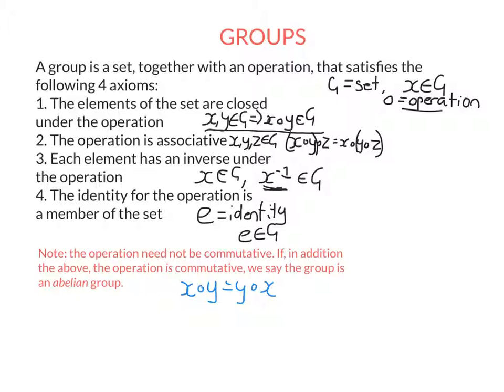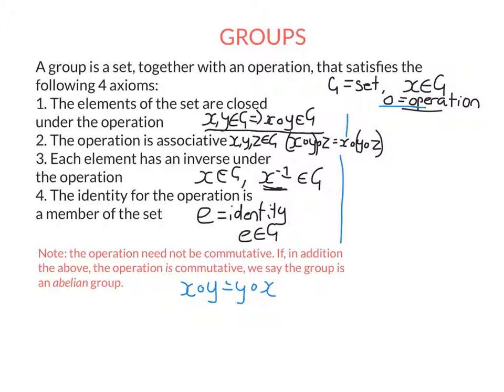It isn't required that the order doesn't matter for that operation to help form a group. If the operation we're talking about satisfies all of these axioms and it is commutative, then it is called an abelian group.